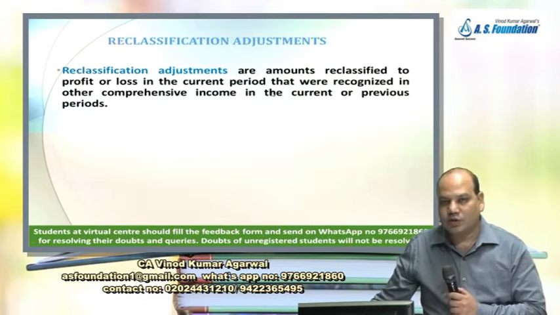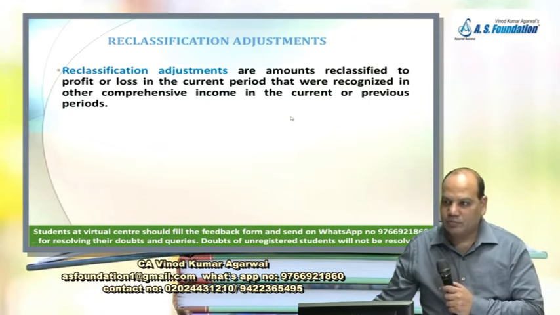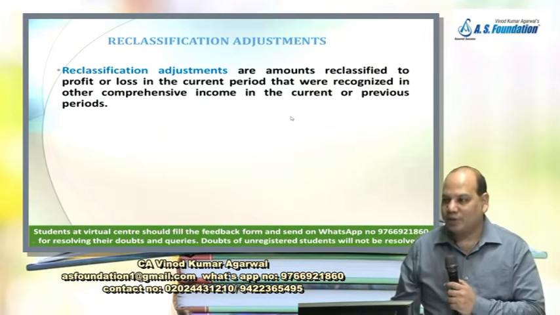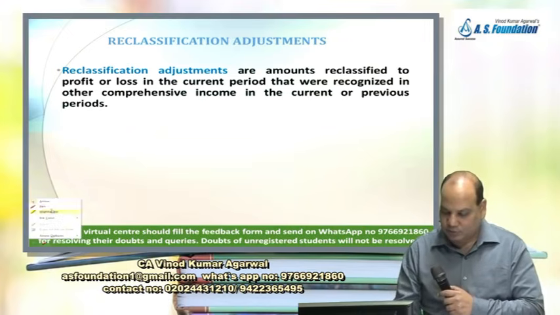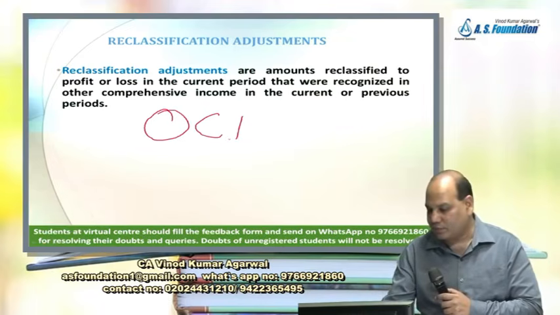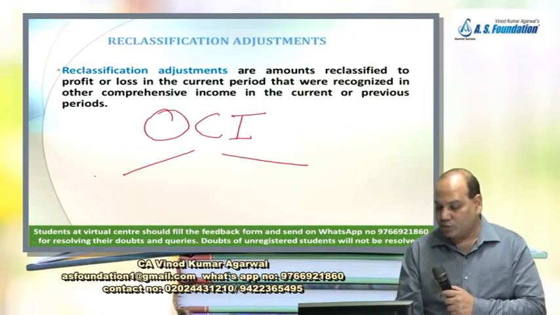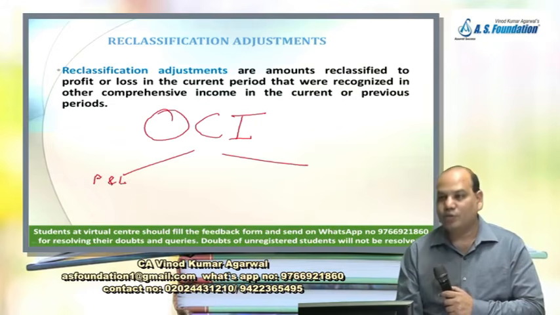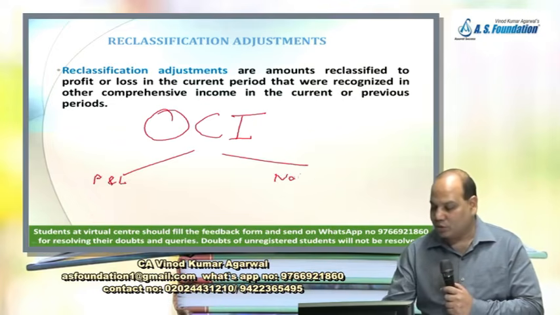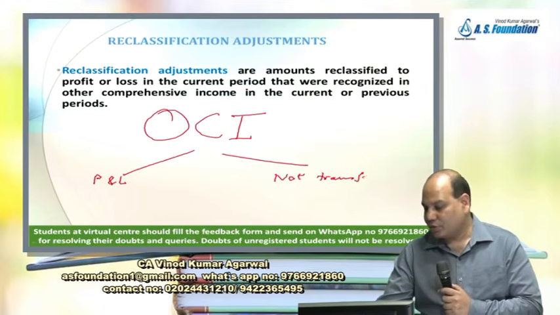And what is reclassification adjustment? Are amounts reclassified to profit and loss in the current period that were recognized in the other comprehensive income, either in the current period or in the previous period. OCI have two types of item, which we'll discuss below after some time. For the time being, to understand this paragraph, those which are subsequently transferred to P&L account and those which are not subsequently transferred to P&L account.